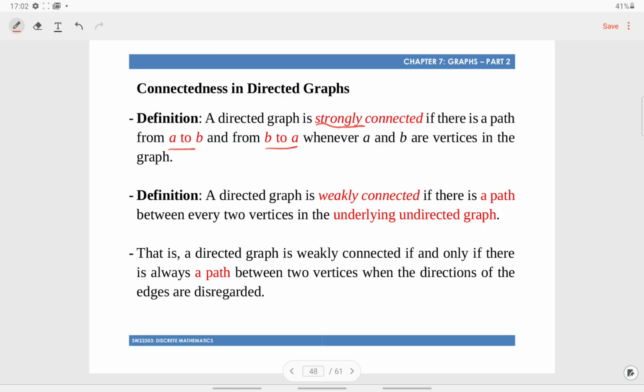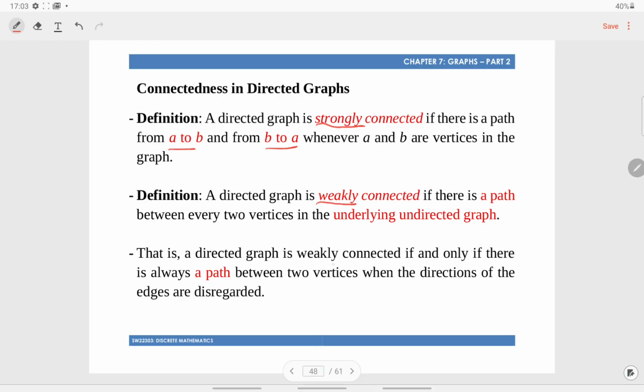A directed graph is said to be weakly connected, previously strongly but this time weakly, if there is a path between every two vertices in the underlying undirected graph. What is the underlying undirected graph?